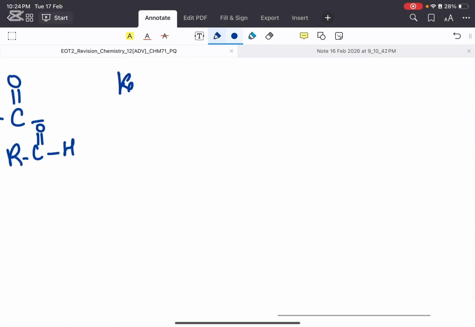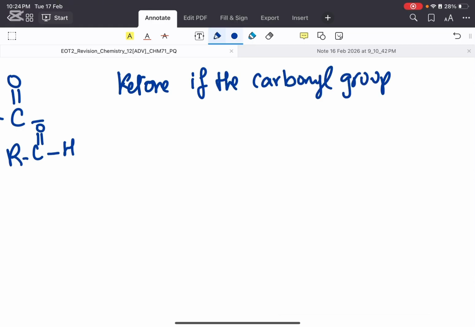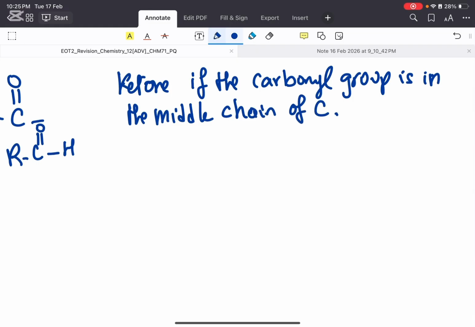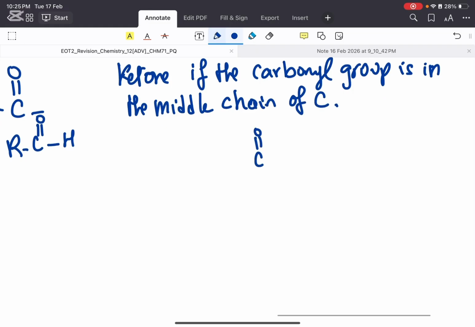Now, it would be a ketone if the carbonyl group is in the middle of the chain. So it's not on the side. So here's the double bond O, and I have, for example, CH3, CH2, CH3. Note that these groups don't have to be identical. It's just that I don't have hydrogens over here.